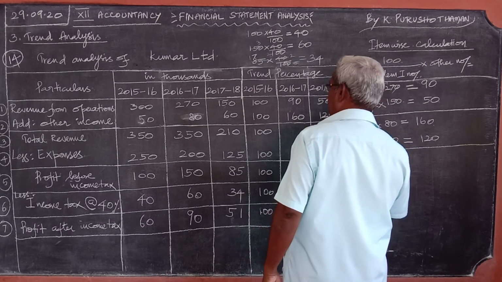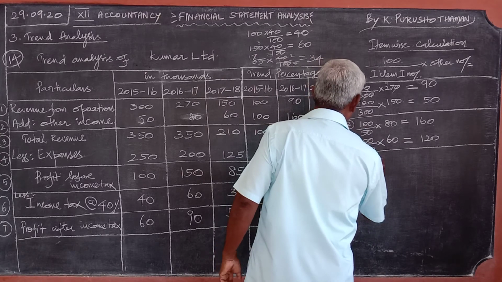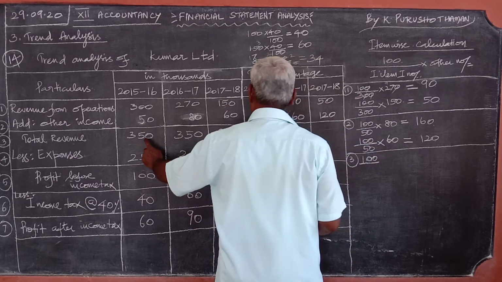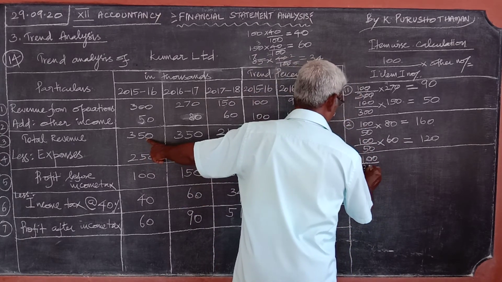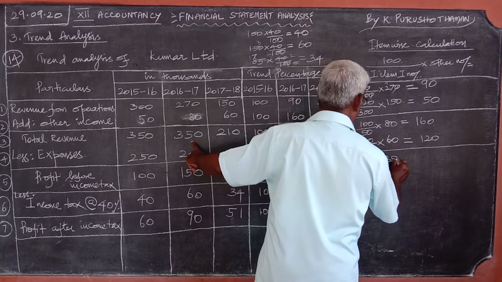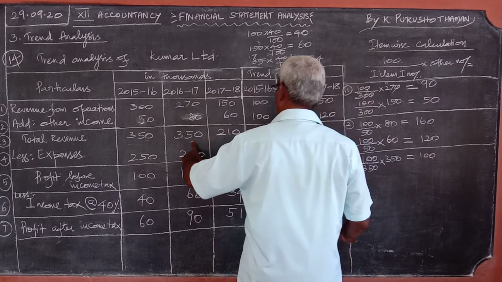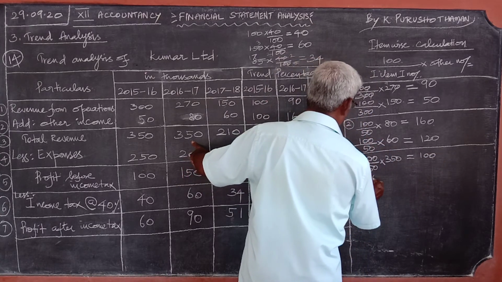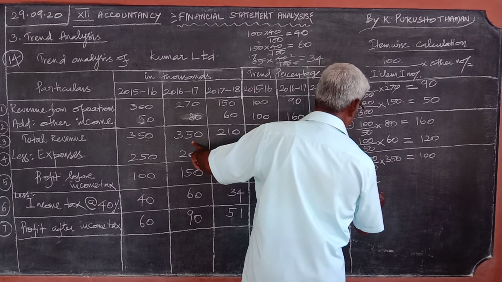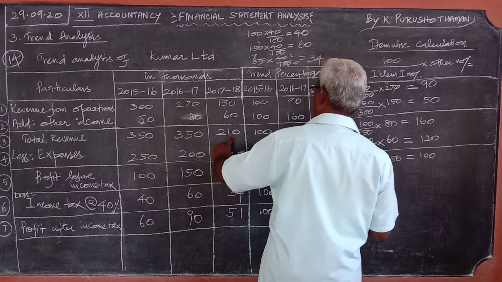Regarding the third case, 100 by the first number, 350 into the same 350, which is equal to 100. 100 by 350 into this 210.